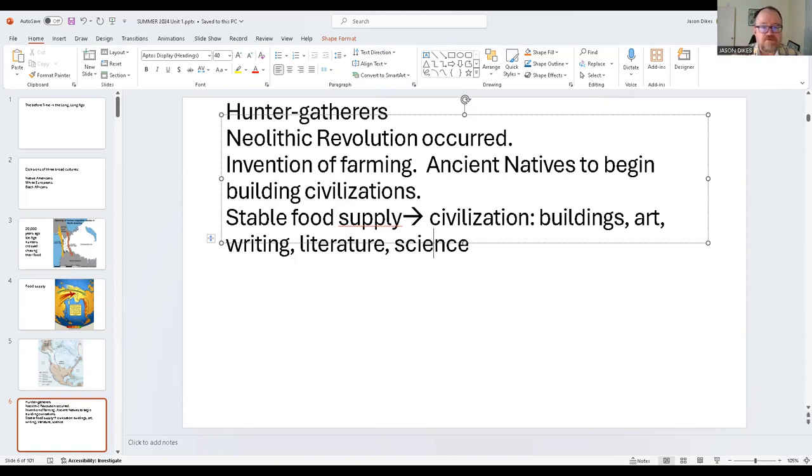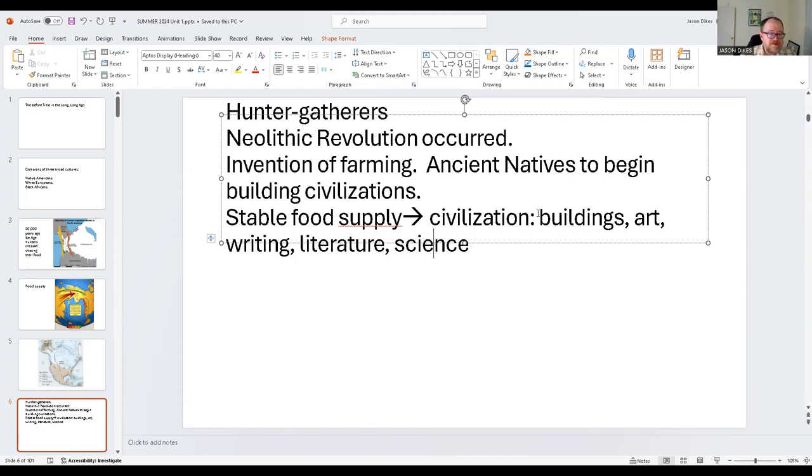Probably 90% of people in an area would still be involved in food production, but you'd have 10% who could begin building a civilization, a written language, science, architecture, art, those types of things. All right. So the invention of farming, stable food supply, civilization. Okay, that's the Neolithic Revolution.